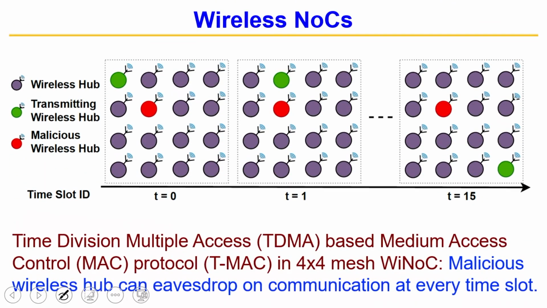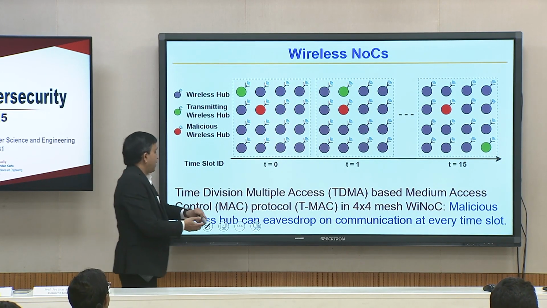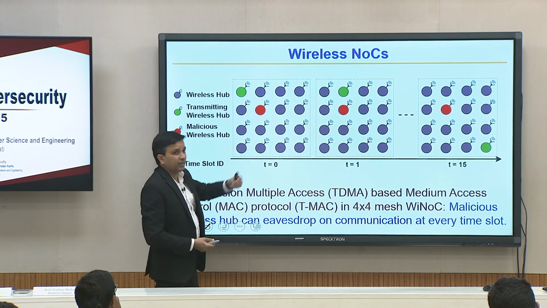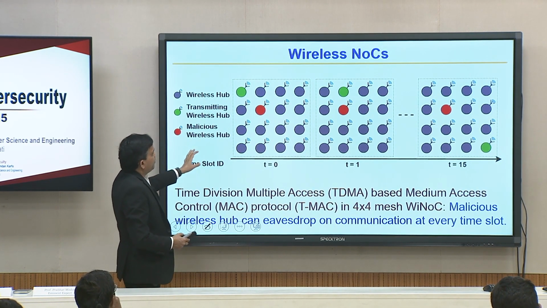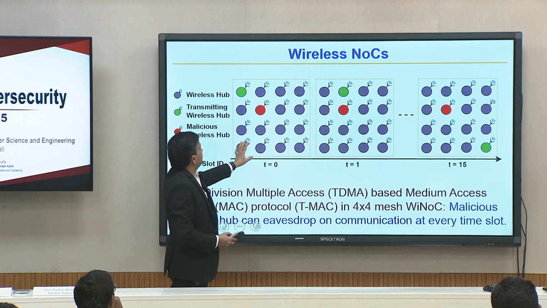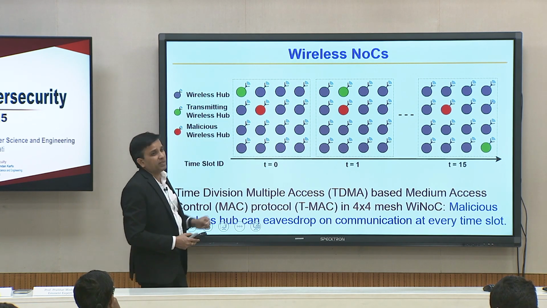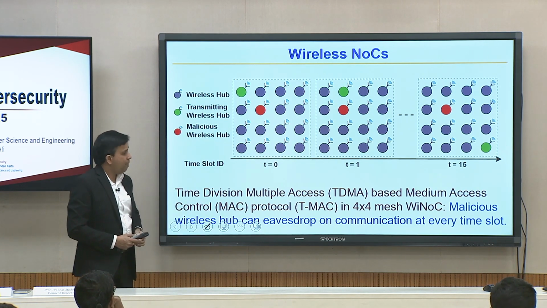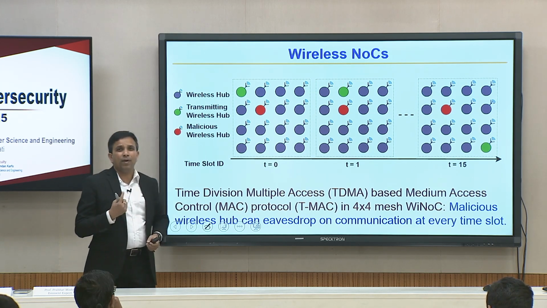If you recall, we talked about different types of fabric: one is electrical fabric, another is optical fabric, and then we also talked about wireless fabric, right. In the case of this wireless fabric, this is a 4 cross 4, 16 configuration, each of them has a wireless router, and the assumption is anybody wants to talk to anybody, it is a one hop connection.